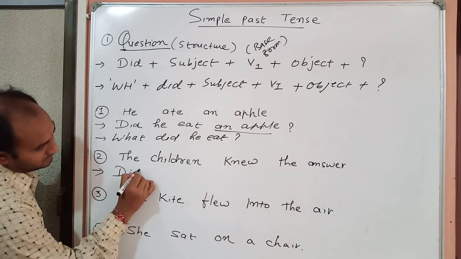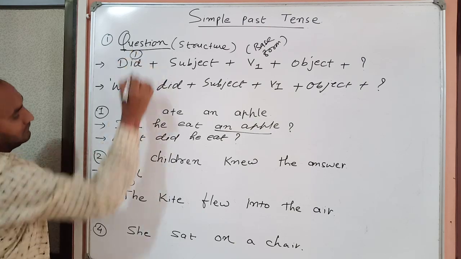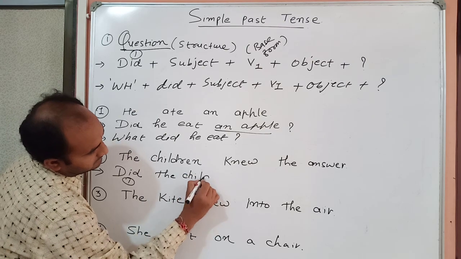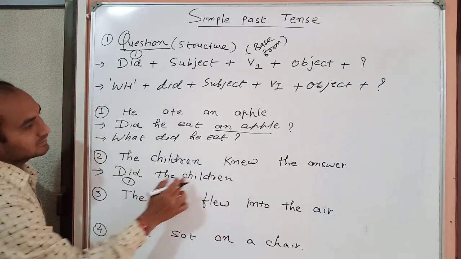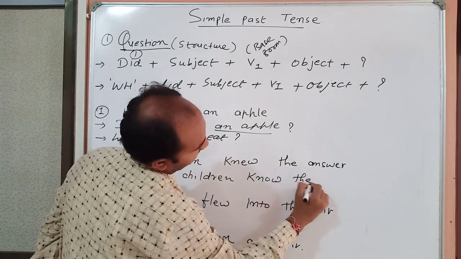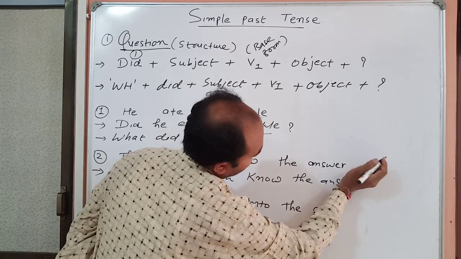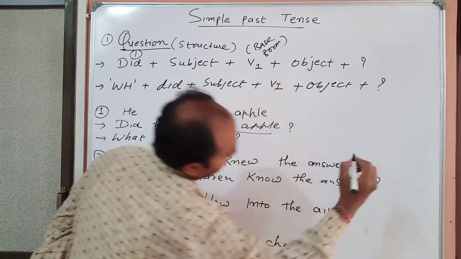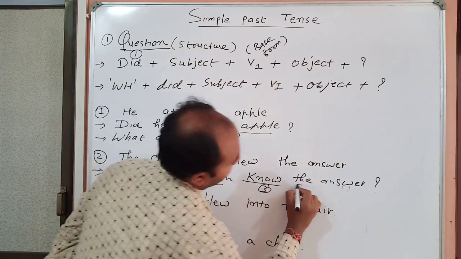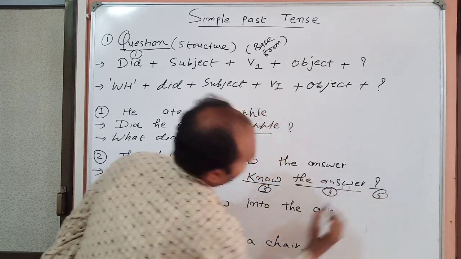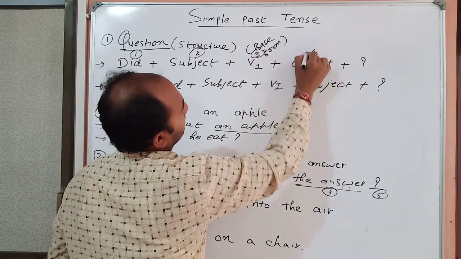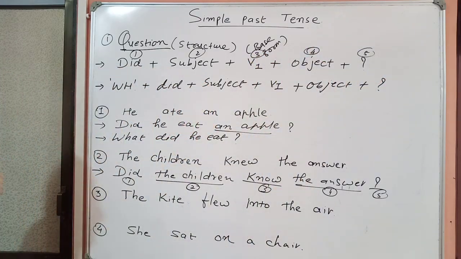So did, number one, did, then subject, the children, V1, know, then object, answer, question mark. 1, 2, 3, 4 and 5.